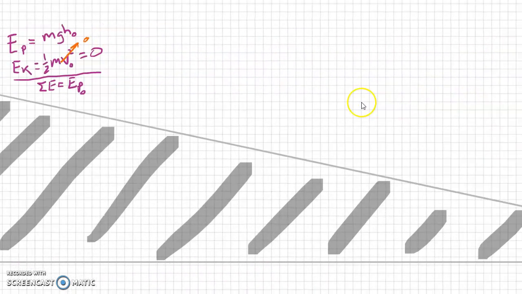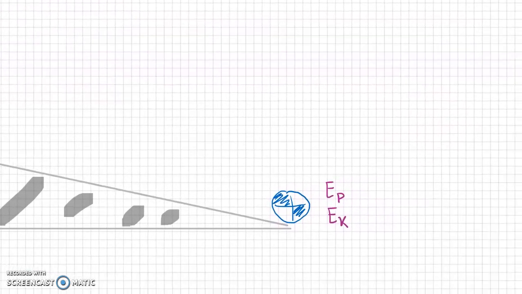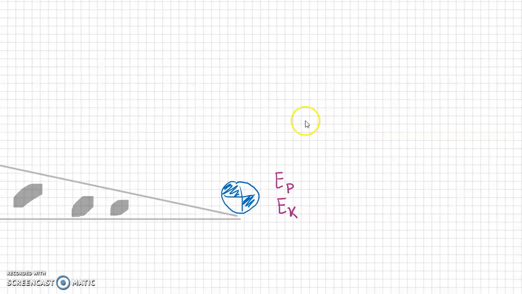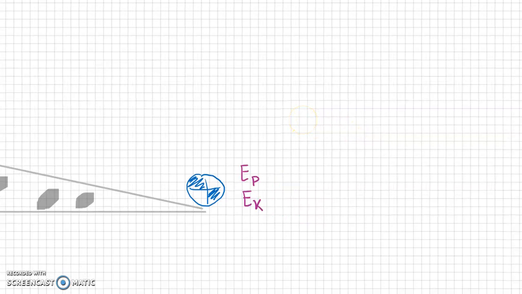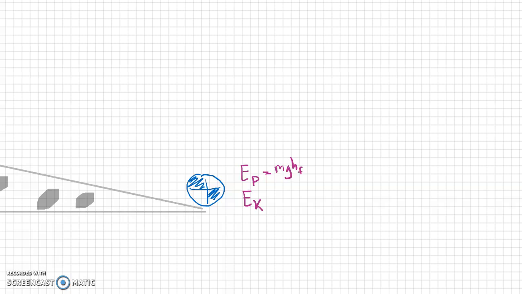Now let's look at what happens at the bottom of our ramp. Down here at the bottom of the ramp, the object has reached its lowest point. So mgh final, because the final height is 0, tells us that potential energy at this location is 0.